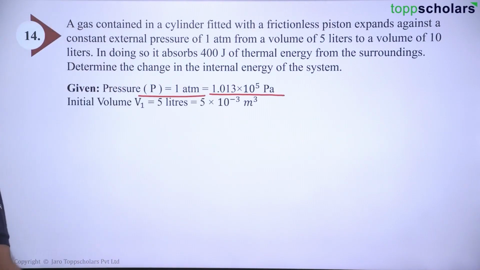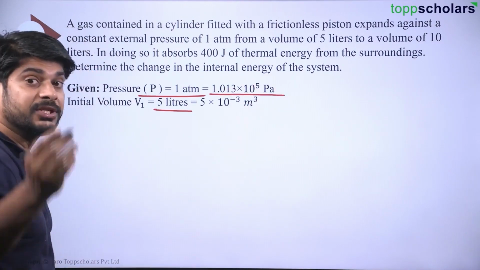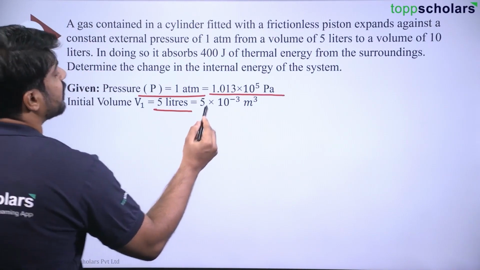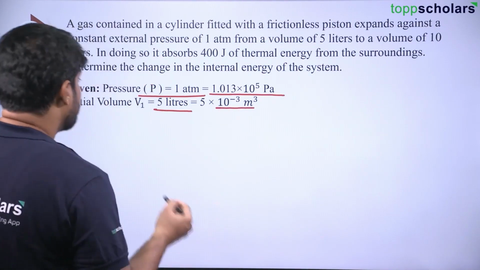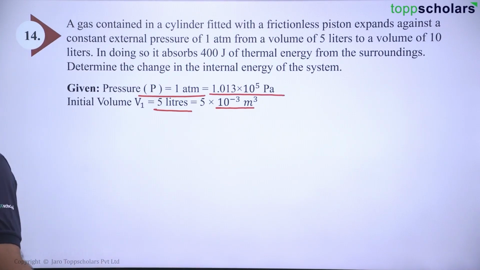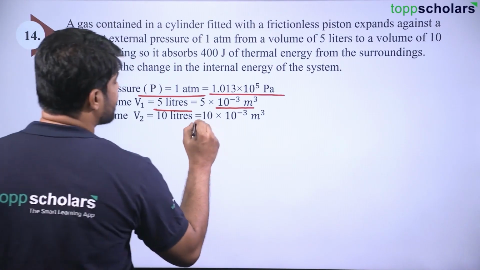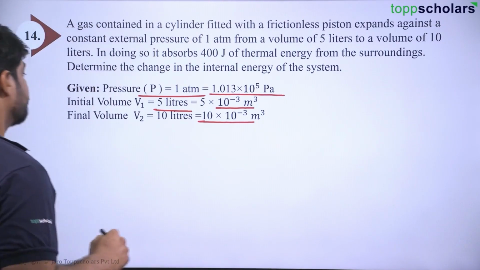Moving on, the initial volume is 5 liters, so we have to convert to meters cube. 1 liter is 10 raised to minus 3 meters cube. So therefore, 5 liter is 5 into 10 raised to minus 3 meter cube. Similarly, the final volume is 10 liters and therefore it is going to be 10 into 10 raised to minus 3 meter cube, isn't it?